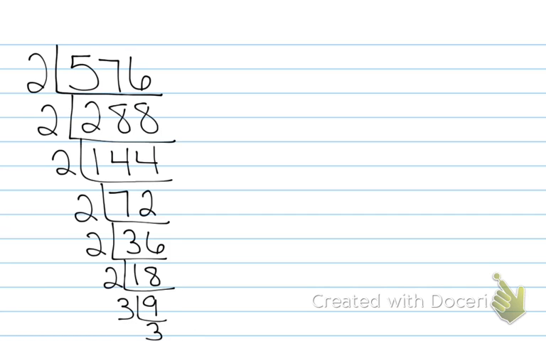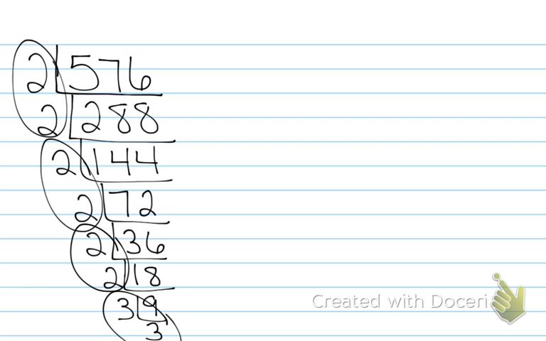All right, so this is more or less mindless because we're only dividing by very small numbers. Okay, now I'm going to go back and circle each pair. One pair of 2s, another pair of 2s, another pair of 2s, and a pair of 3s. So every number is in a pair.